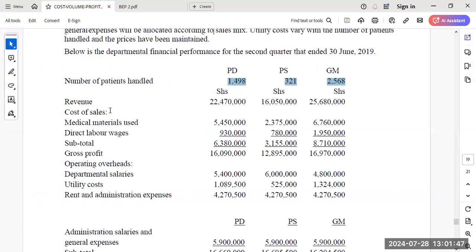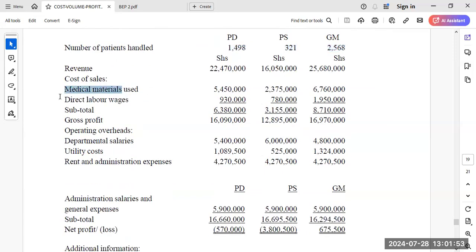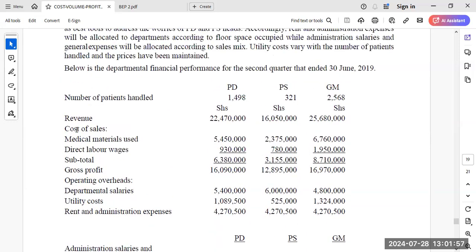You don't have the unit variable cost to just simply multiply. You need to identify among all these costs, all these items, what are variable costs? What are the costs that vary with the number of patients handled? Those are variable costs.